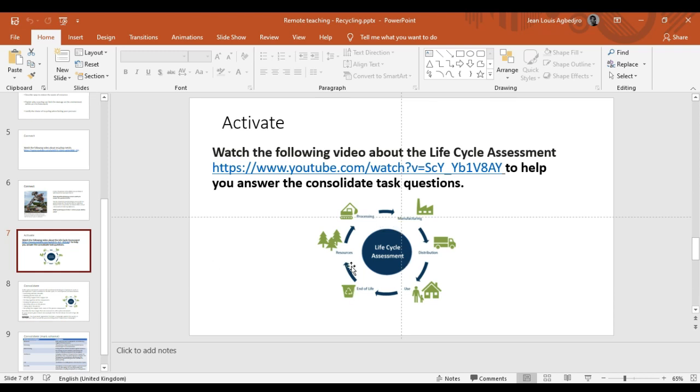You can use this diagram to help you remember the stages of the life cycle assessment. But in the video, everything will be clearly explained to you, and you will have all the information you need. So pause this lesson, and you can go and watch the video, maybe on your phone, and then you can continue.